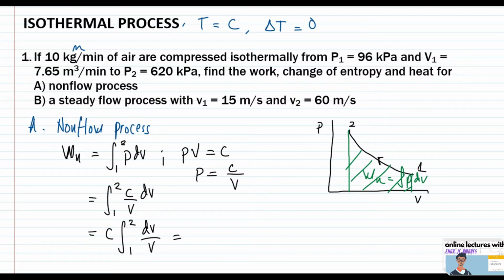But your C is equal to PV, so it could be P1 V1 or P2 V2. It depends on the combination that is presented in the problem. So let's just say P1 V1. And then we have the integral of dV over V, which is ln V. Applying the limits, this would be ln V2 minus ln V1.